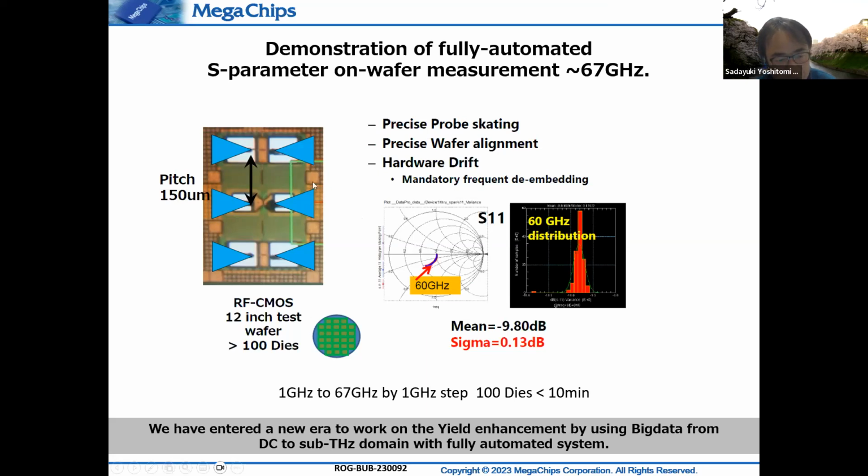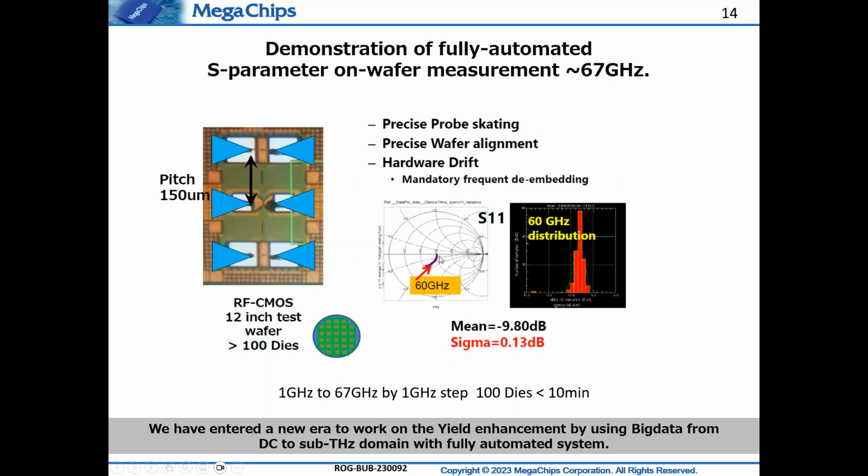Probing this pattern is really challenging, even manually. But this is a statistical deviation of S parameter obtained from 100 chips on the 300 millimeter wafer, and the measurement frequency was swept from 1 gigahertz to 60 gigahertz.